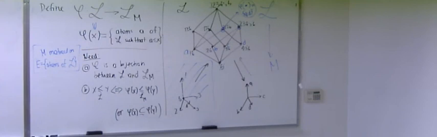Okay, so how do you show that this is a bijection between L and L sub M? Well, first of all, you need to show that it's well defined. In other words, that this set of atoms such that blah blah blah should be in L sub M. So let me first prove this is a bijection. The first thing I need is that actually it is mapping where I say that it's mapping. Phi is well defined.